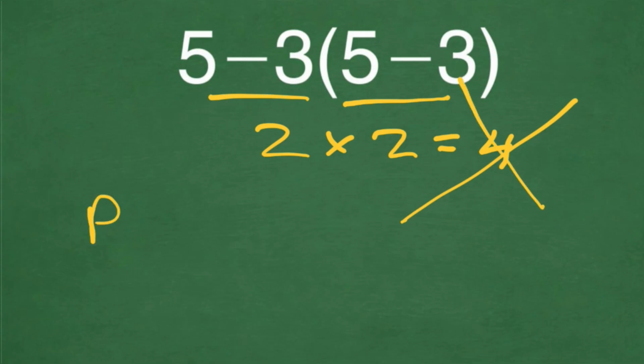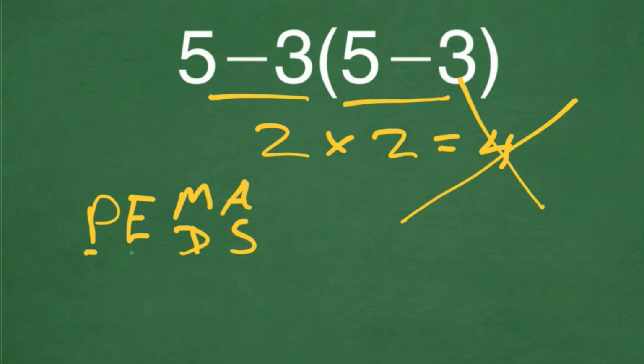Because according to the order of operations, PEMDAS, P stands for parentheses, E stands for exponent, M and D stand for multiplication and division, A and S stand for addition and subtraction. According to the order of operations, first we have to solve the parentheses.